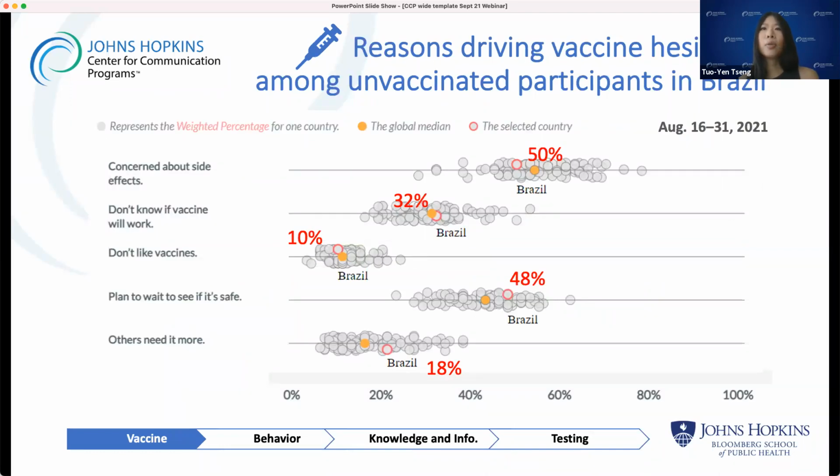Unvaccinated participants who did not give a definite yes when asked whether they would choose to get vaccinated were also asked about their reasons for their hesitancy.